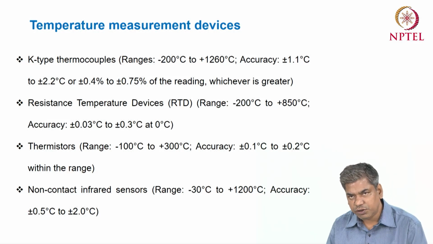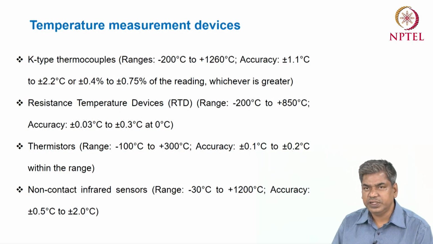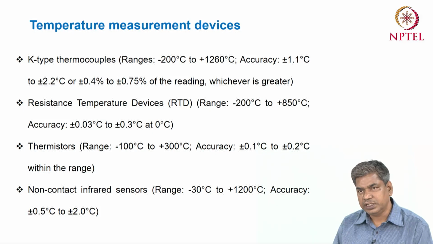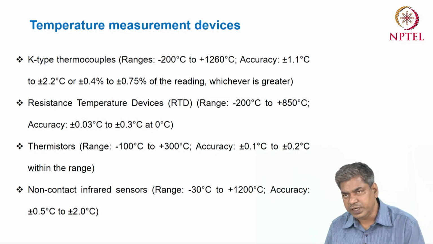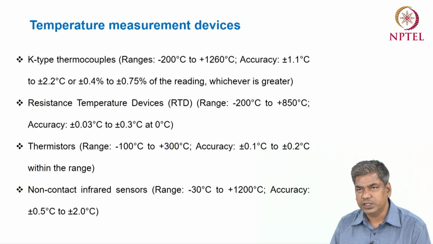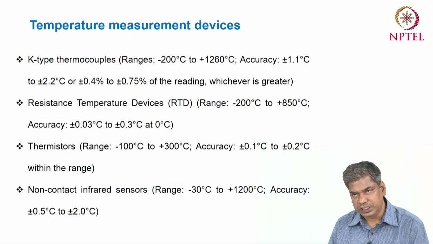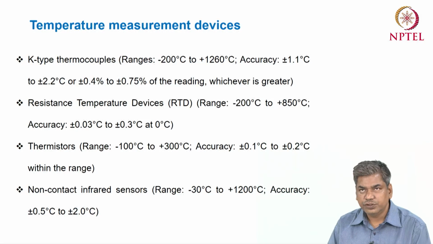So this is a non-contact type temperature measurement device, and this infrared camera or infrared sensor we can use for the range from -30 degrees centigrade to 1200 degrees centigrade, and accuracy is approximately 0.5 to 2 degrees centigrade. These are some temperature measurement devices which can be used for refrigeration applications.